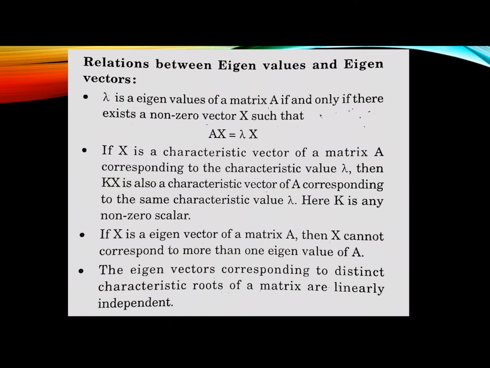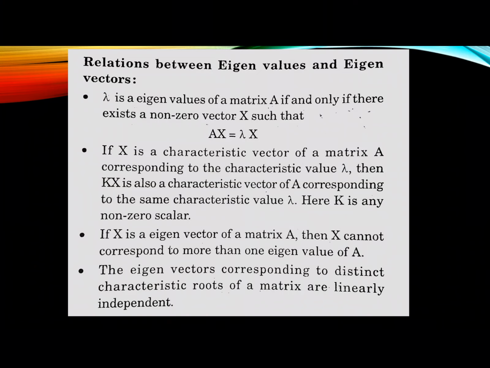So if x is a characteristic vector of a matrix A corresponding to the characteristic value lambda, then taking k as any non-zero scalar, kx is also a characteristic vector of A corresponding to the same characteristic value lambda.